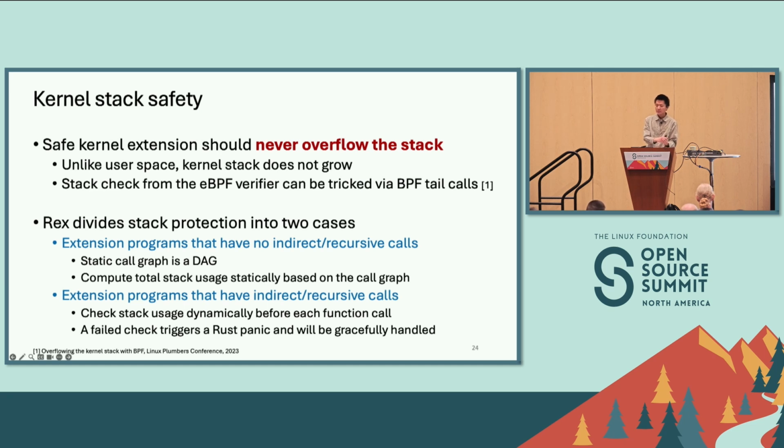So perhaps one of the special requirements of kernel extension or kernel programming in general is that you should never overflow your kernel stack, because unlike user space, those stacks do not grow. The stack check in eBPF is still done by the verifier, but it has since been shown that it could be compromised by combining BPF tail calls and BPF to BPF calls. So in Rex, we divide the stack protection problem into two cases. For extension programs that do not have any indirect or recursive calls, the static call graph will be a DAG.